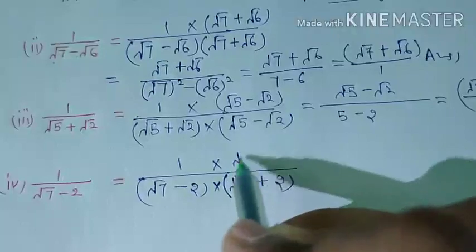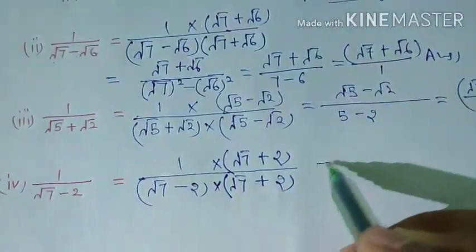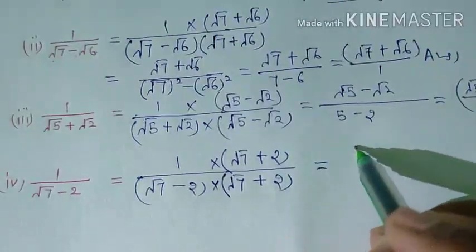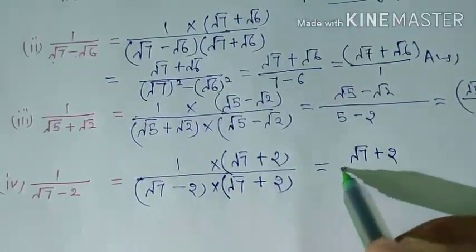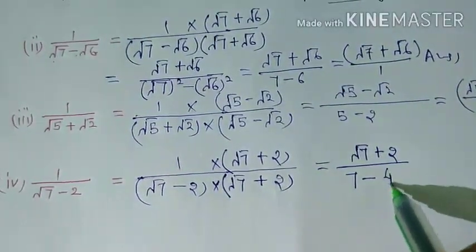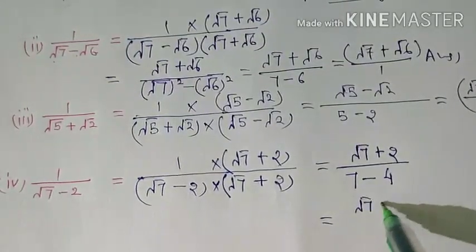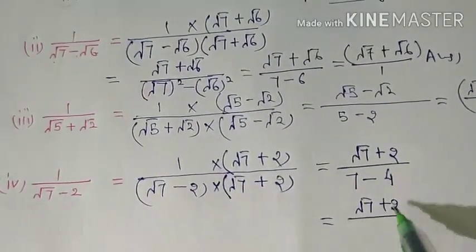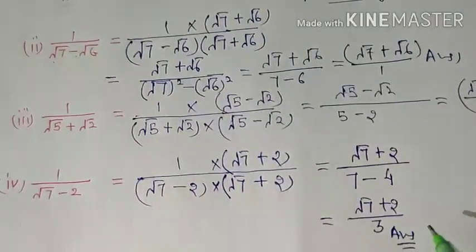So what I will get here, root 7 plus 2 divided by 7 minus 4. So the answer will be root 7 plus 2 divided by 3. That is the answer.